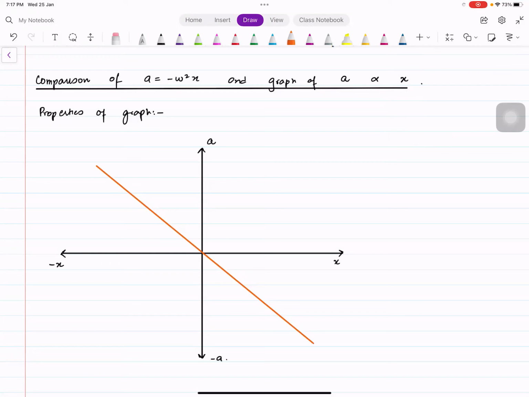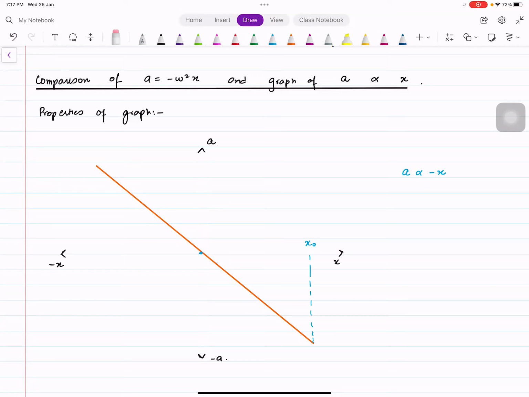The reason why it is negative gradient is because when you see the equation, it is proportional to negative x, which means that when you have the maximum displacement, which is right here as x naught, then you also have the negative maximum acceleration, which is, let's say, a naught.